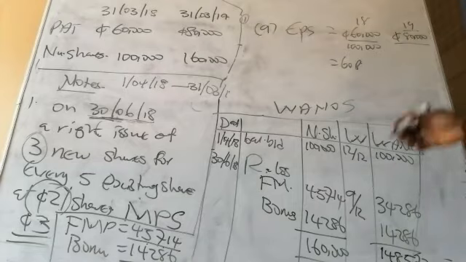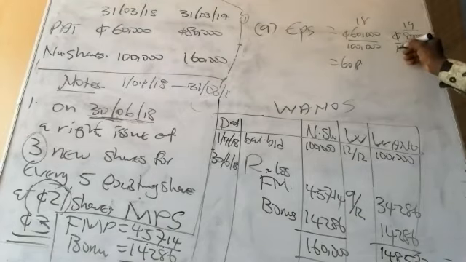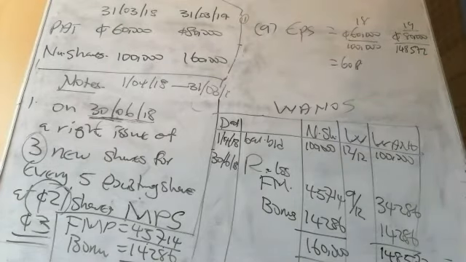Good. So you put this one in, 148,572. Basically we divide 80,000 by 148,572, not 142, it's 148.